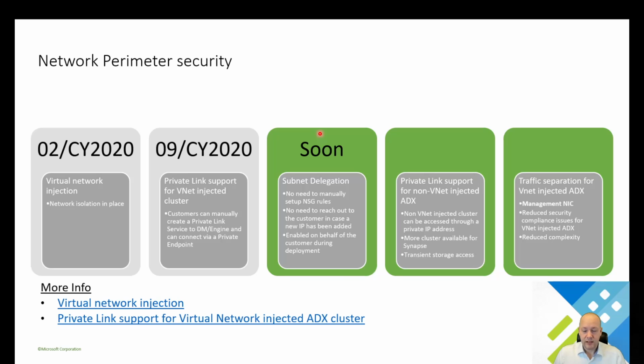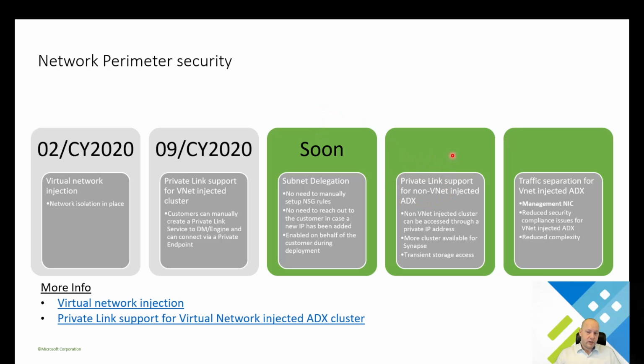So you will need to delegate that subnet to Azure Data Explorer, and then we take care that all of the health monitoring and management IP addresses have been set correctly, and this will enable you to create a less error-prone deployment.